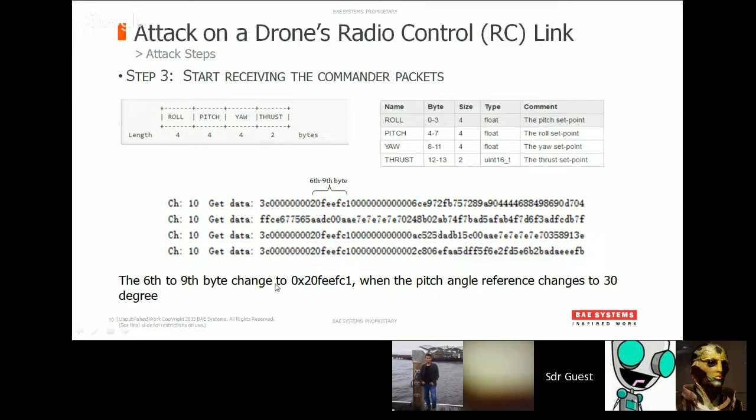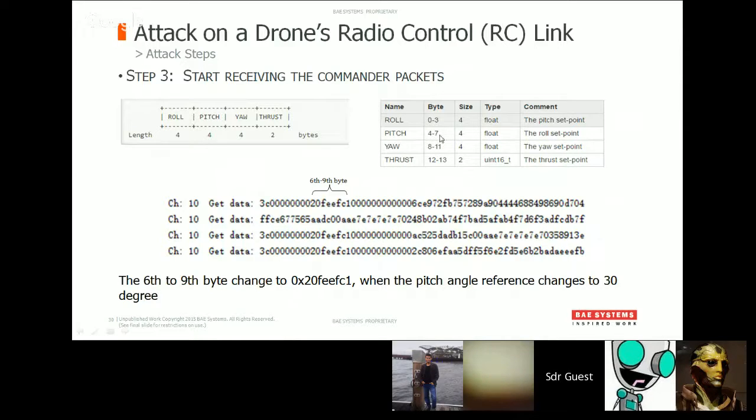And then I changed the pitch angle reference to 30 degrees, and the 5th to 8th bytes change. And according to the document, the 4th to 7th bytes are the pitch angle reference.